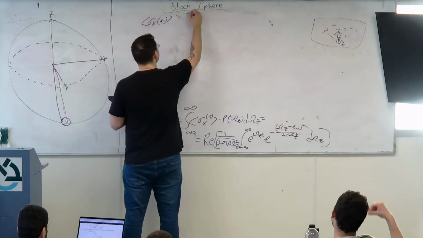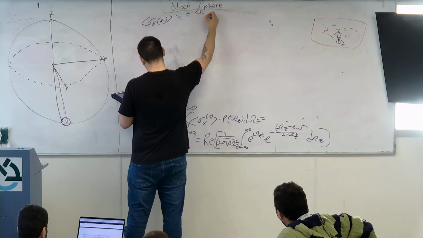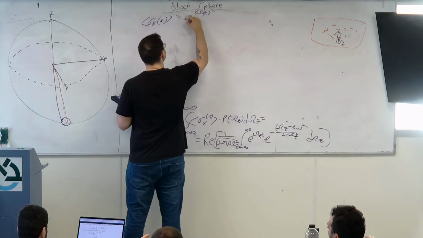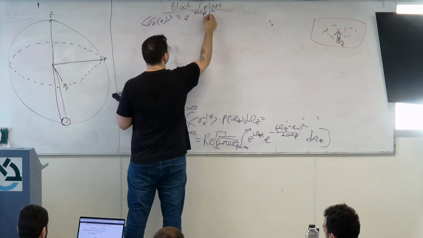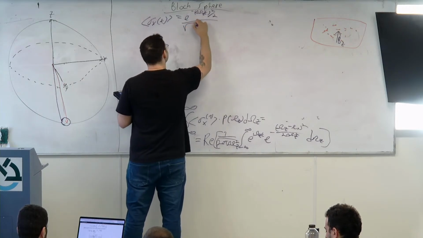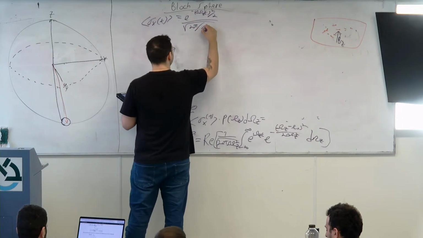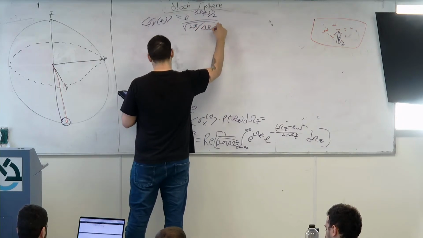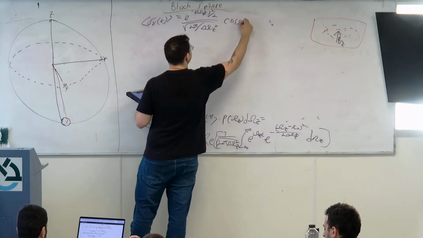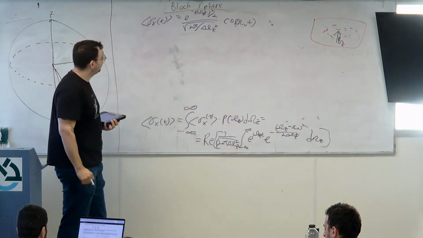equal e to the minus delta omega z squared t squared divided by 2, times cosine omega 0 t. Right?